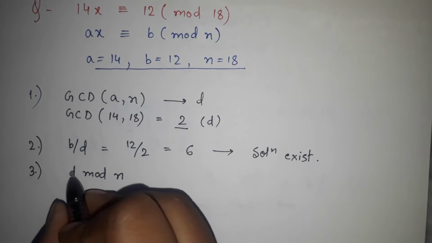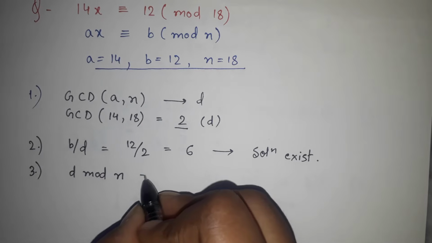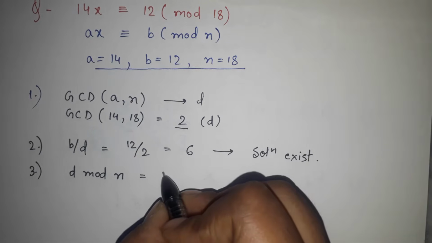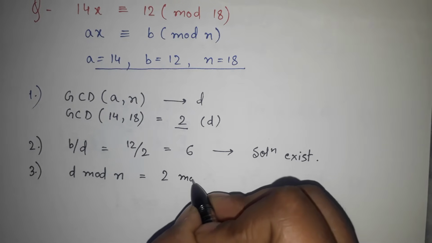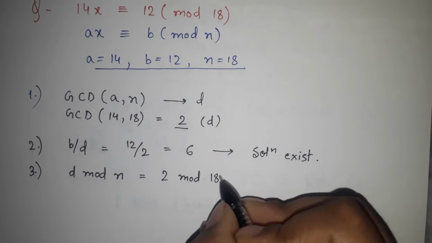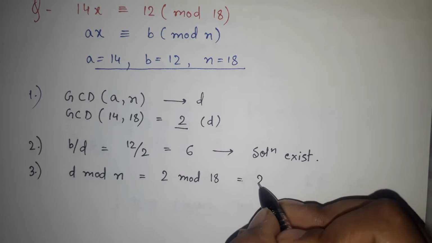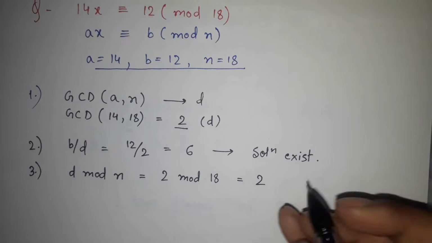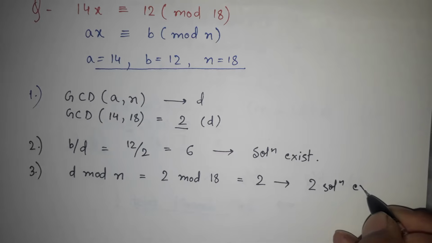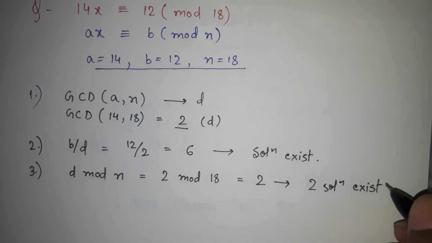Here d is 2 and n is 18, so 2 mod 18, and since 2 is a smaller number, we get 2 as it is. So I can say that 2 solutions exist, which means at the end I will get 2 values of x. This is my third step.